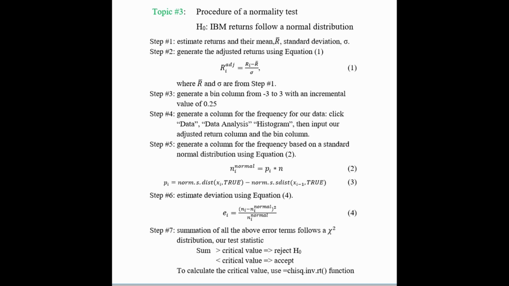The last step is the summation of this error term, which will be our test statistic. Then we compare this sum with a critical value. If it's higher than the critical value, we reject the null hypothesis. To calculate the critical value, we use the related Excel function called CHISQ.INV.RT.